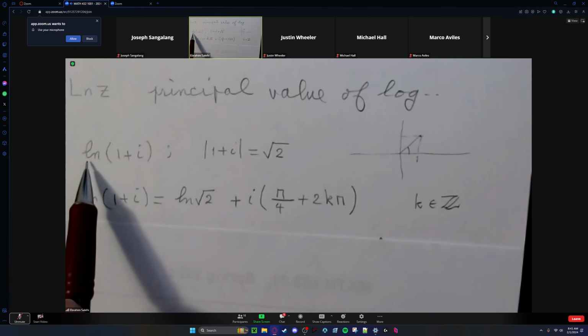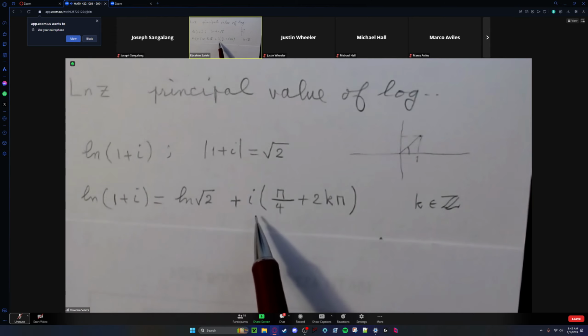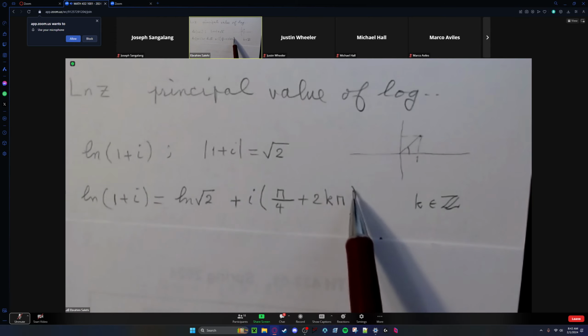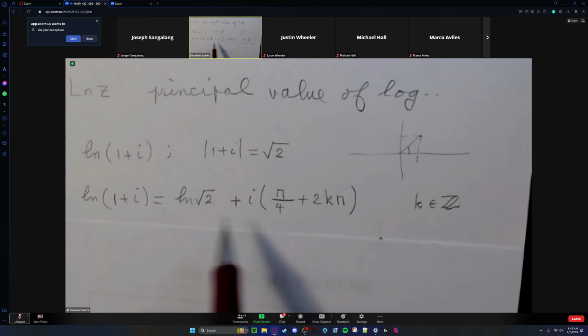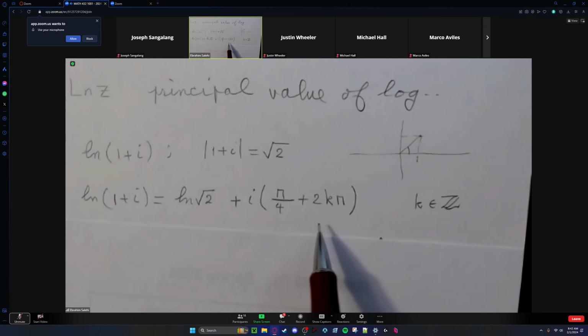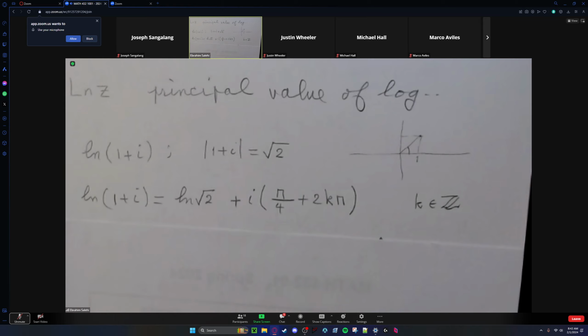We are talking about, in general, the logarithm of 1 plus i, and you always have that 2kπi attached to it, all right? So this is all values of log of 1 plus i. But in the previous example, we just had the principal value.